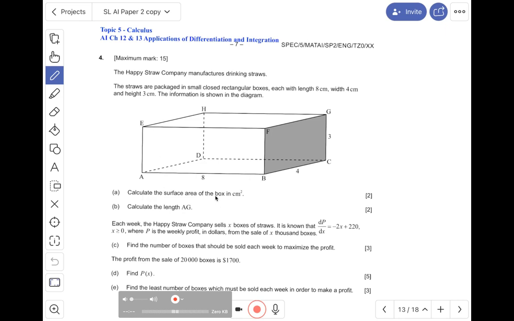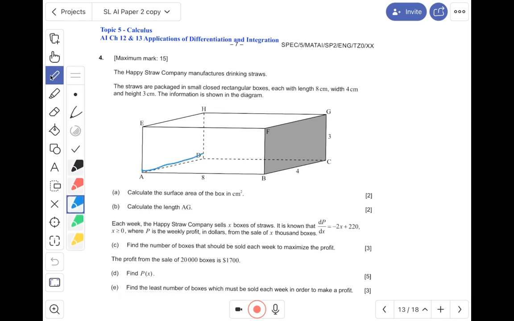Calculate the surface area of the box, and then calculate this 3-dimensional Pythagoras diagonal that's going up from A to G. Okay, so we're asked just some basic geometry questions before we get to the calculus.